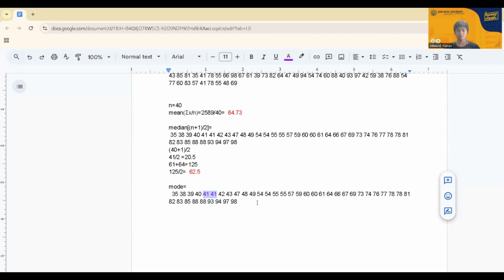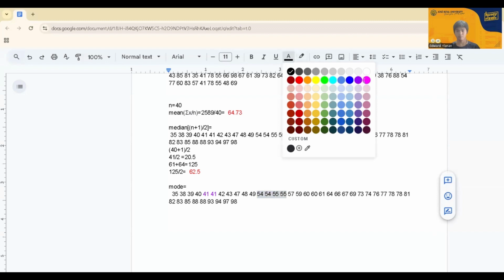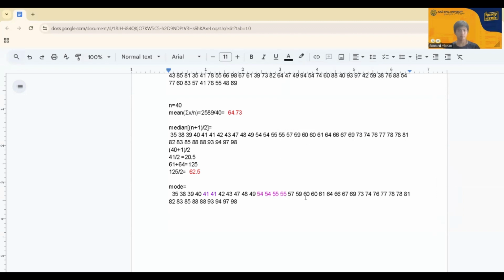41, 54, 55, 60, 78, and 88. This is our mode: 41, 54, 55, 60, 78, and 88.